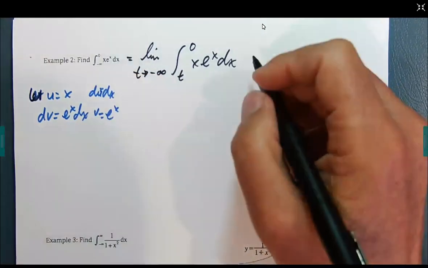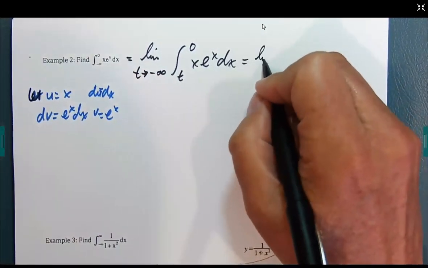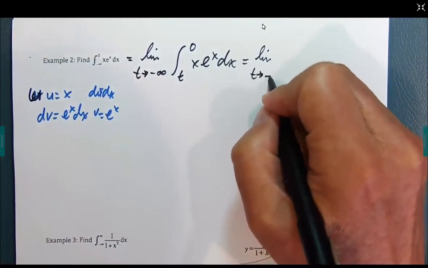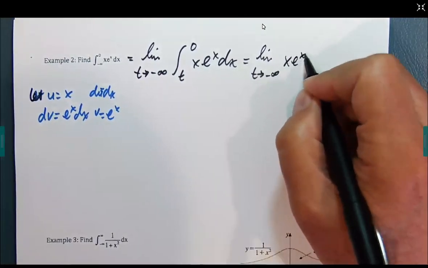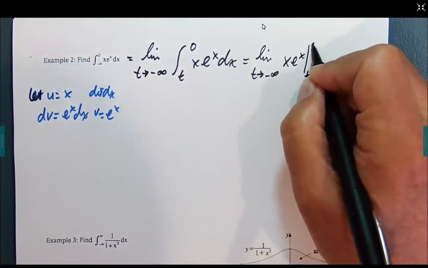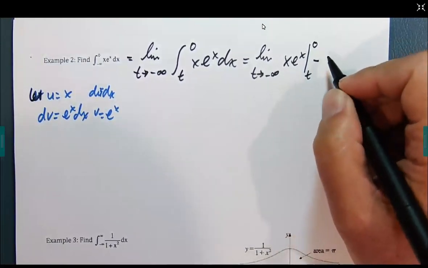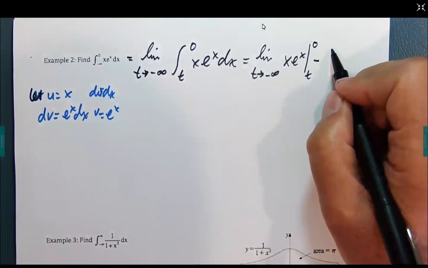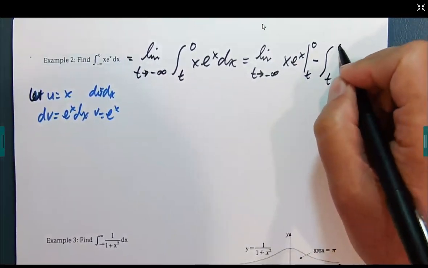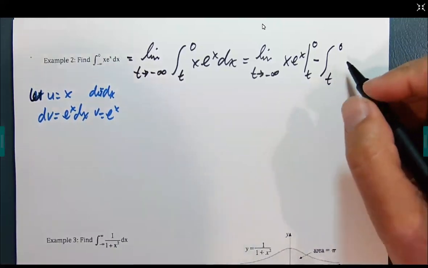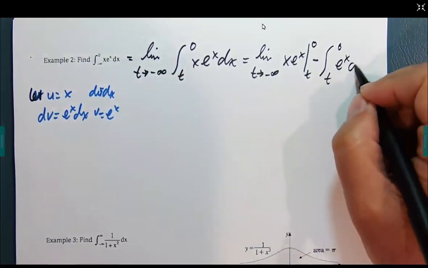So if I go uv, that's going to be x e to the x from t to 0, minus the integral of v du, which is e to the x dx.